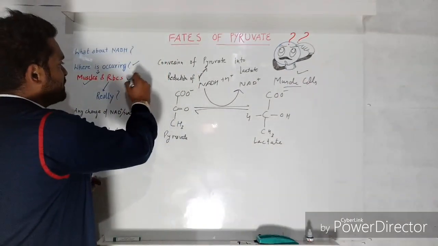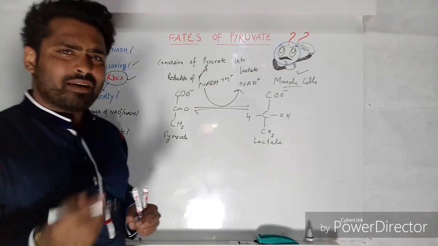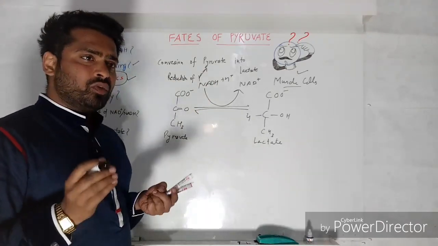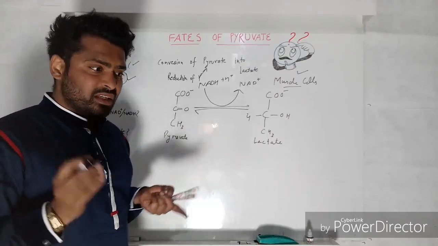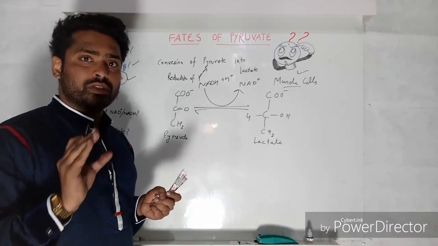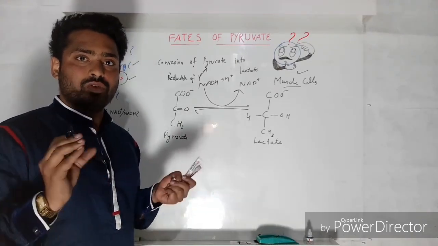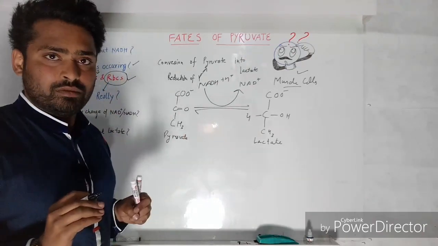But there are also RBCs where this reaction is occurring. Why RBCs? If we hear the name RBCs, we must say they contain oxygen. They are transporting oxygen. Blood is responsible for the transportation of oxygen. So why have we included RBCs for this reaction?